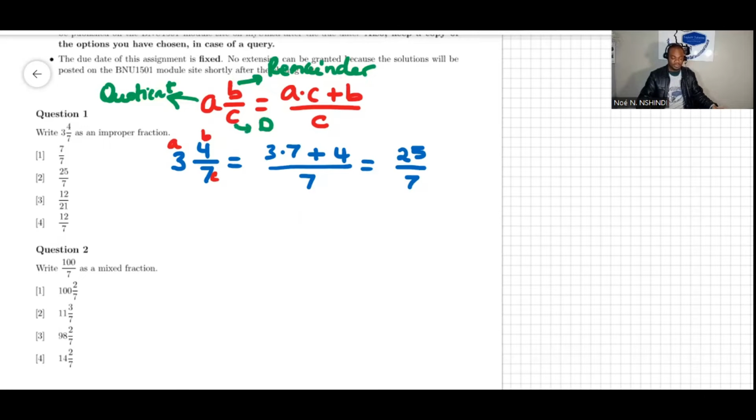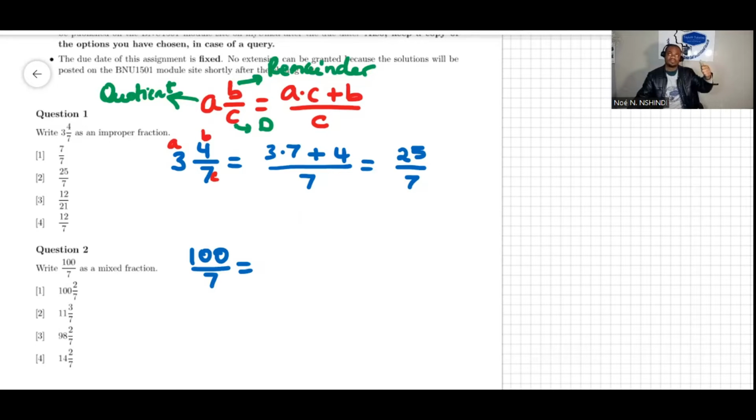Over here we ask, how many times does 7 get into 100? If we count in 7, I know 7 times 10 is 70. Also 7 times 5 is 35.